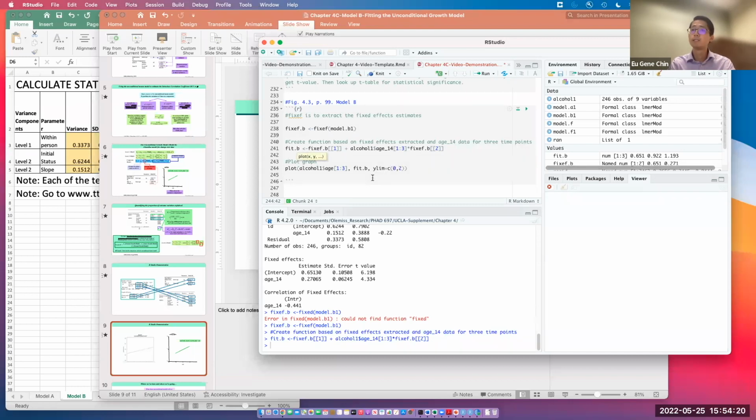So set the limits of the y-axis. Use title, unconditional.